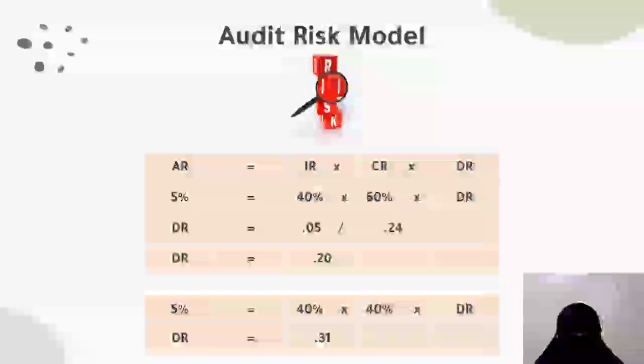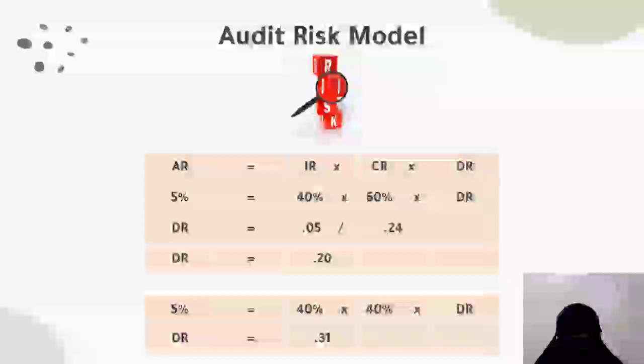Now, what would be the level of planned detection risk needed to achieve the acceptable audit risk of 5%? So, using simple algebraic calculation, we may arrive at 20% using the audit risk model. So let's try reducing the control risk value to 40% and recalculate, so the result will be 31%. So if we notice, to achieve an acceptable level of audit risk in the first example, the auditor must set planned detection risk lower than in the second example.